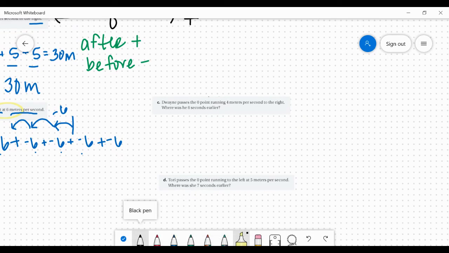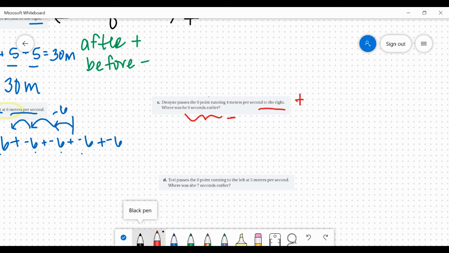It says that Dwayne passes the 0 point running 4 meters per second to the right. So this is going to be a positive. Where was he 6 seconds earlier? This tells me I'm going to be thinking in the negative sense here. So I've got 4 meters per second to the right, 6 seconds earlier.